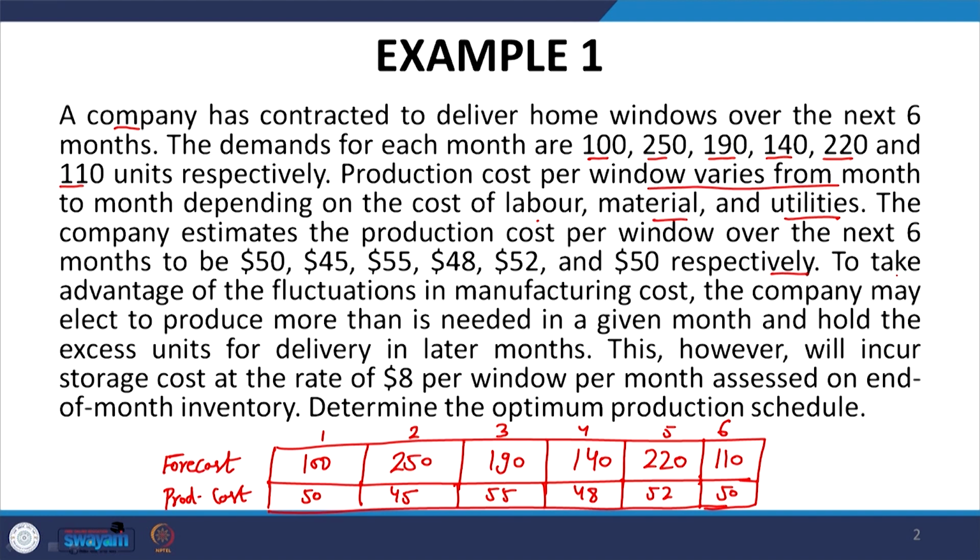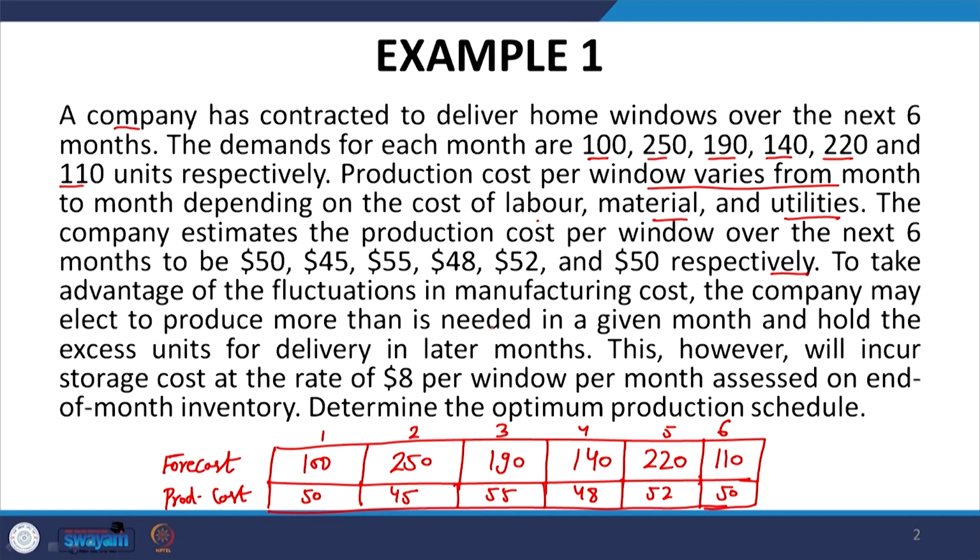Now, to take advantage of the fluctuations in manufacturing cost, the company may elect to produce more than is needed in a particular period and hold the excess units for delivery in a later period.